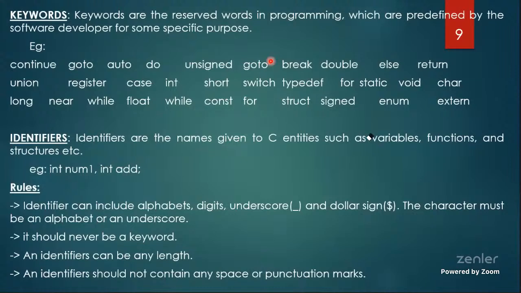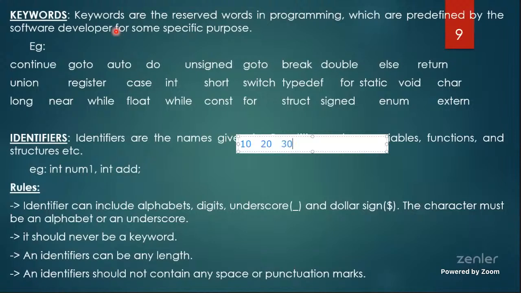Identifiers, the meaning itself tells something, right? Identify. Why is it needed? For example, I have some numbers like 10, 20, 30.